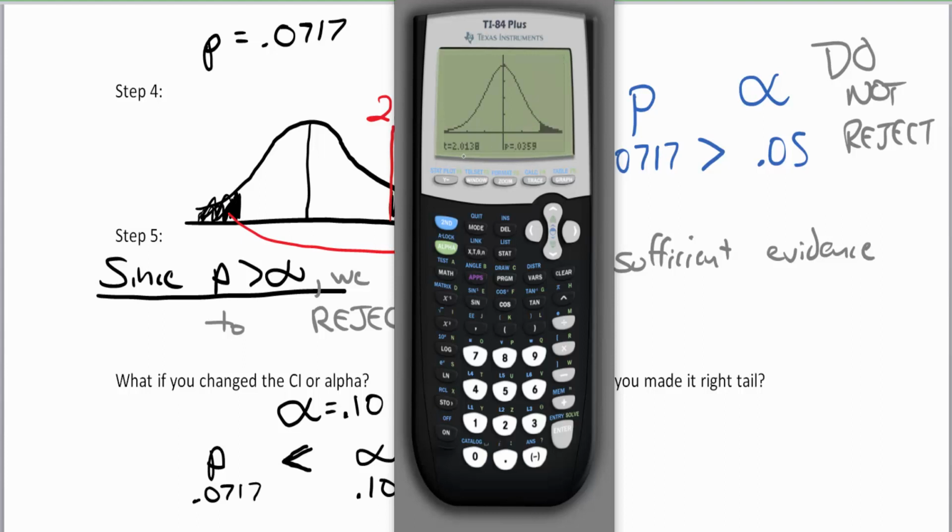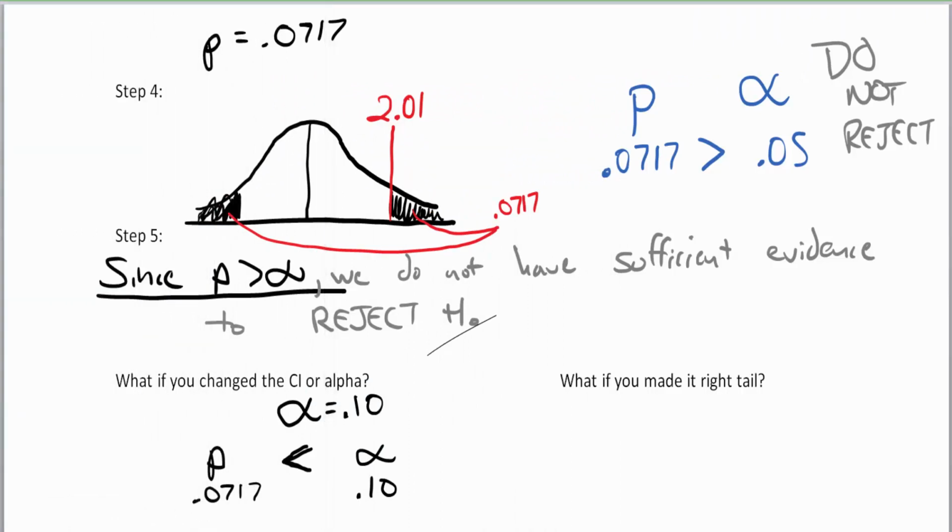So again, our t-value is exactly the same, but our p-value is cut in half because we don't have the second tail over here. Well, shoot, since our p-value is cut in half, we now have a different conclusion, right?